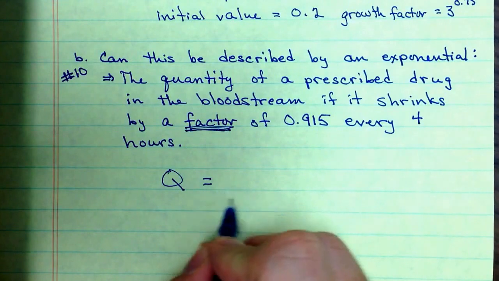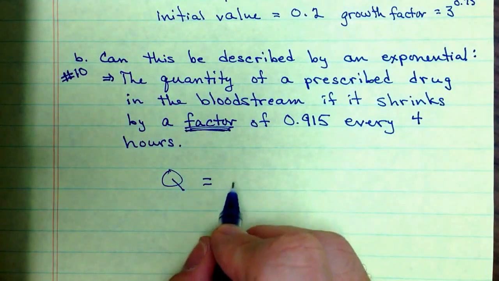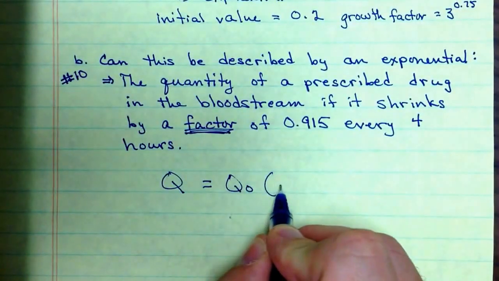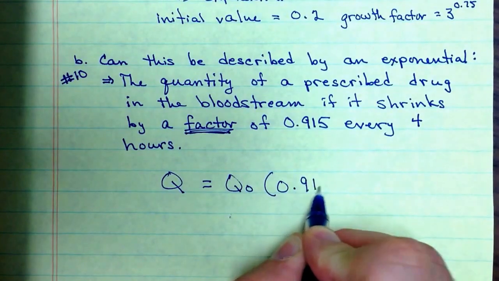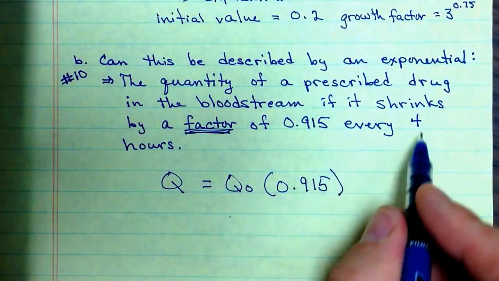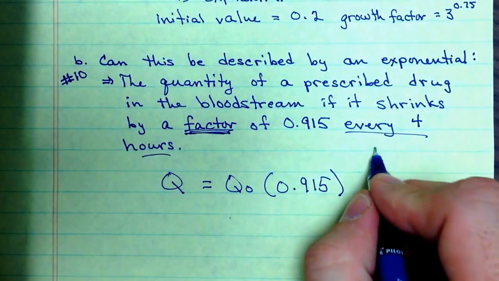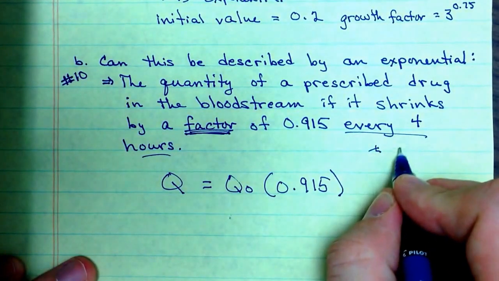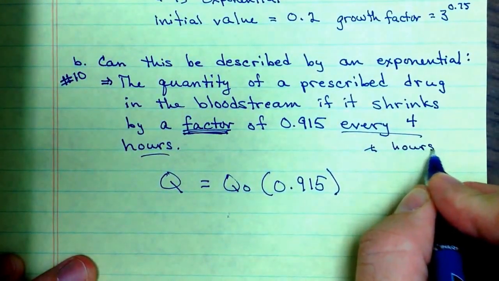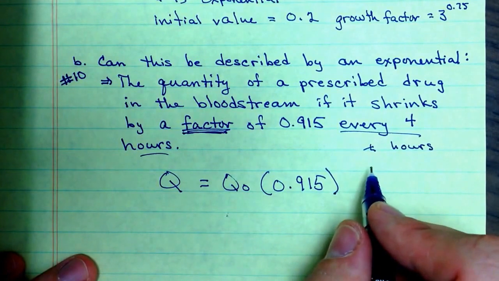So we'll have some original amount, we'll call it q sub 0, times 0.915 every 4 hours. If we let t be in hours, then what do you think the exponent's going to have to be?